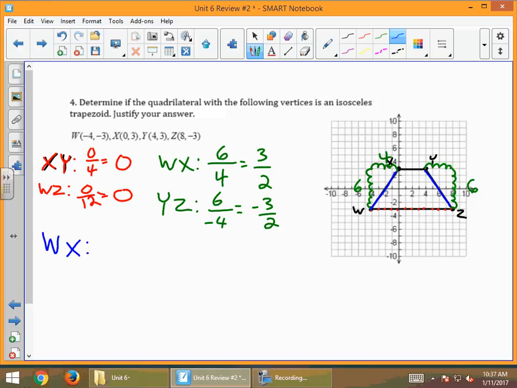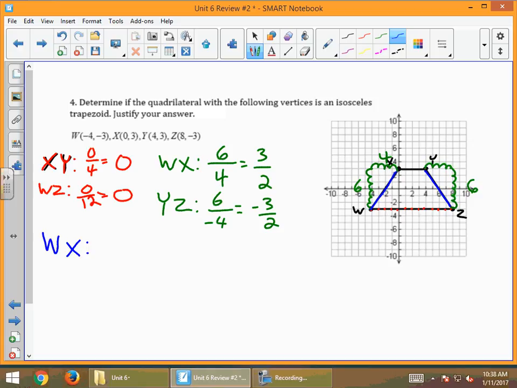Well, let's do it. How do you figure out how long this is? Well, you kind of already did a little bit of it. To find distance in this unit we've been doing with graphing coordinates, what formula do we use to find distance of things? The Pythagorean theorem: a squared plus b squared equals c squared. And you can already see the triangle we made up here on the left side when we were finding WX. It looks like it went up 6 over 4.